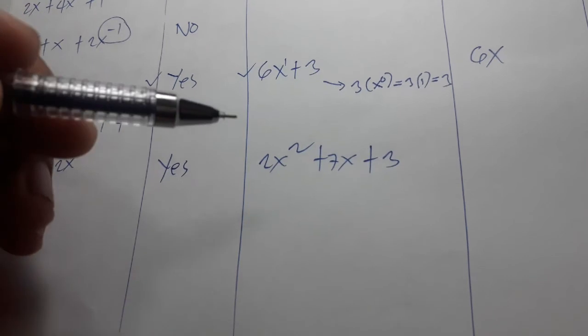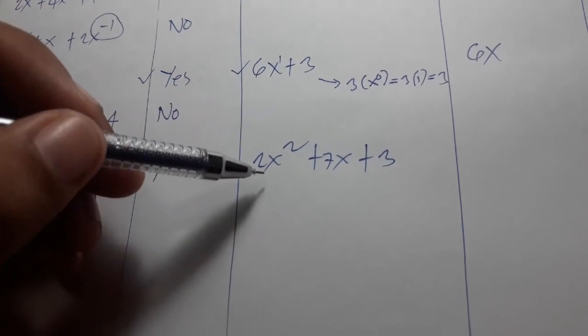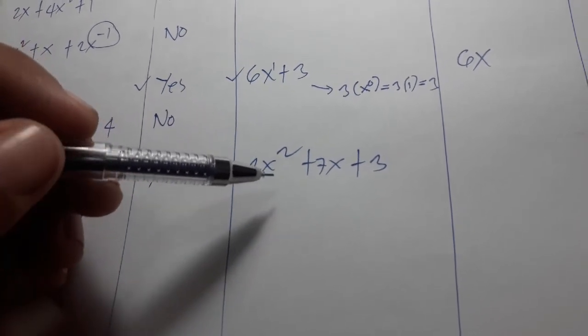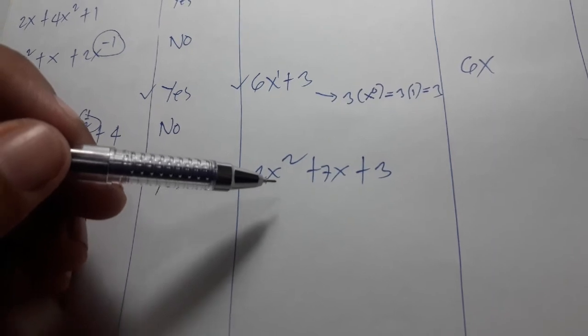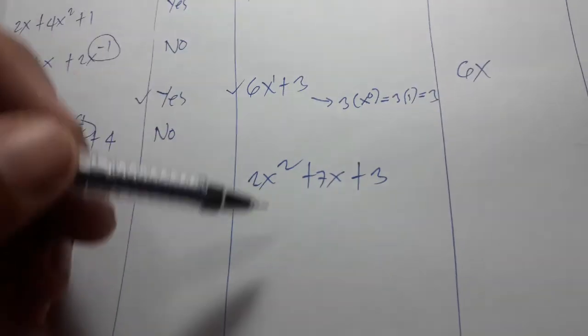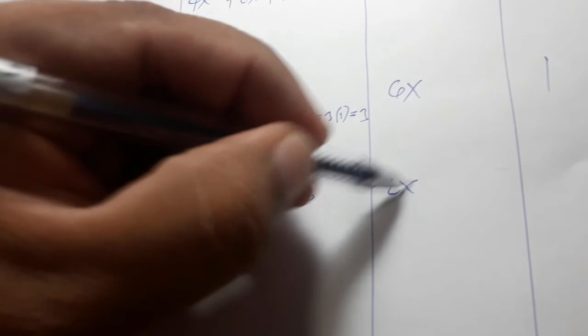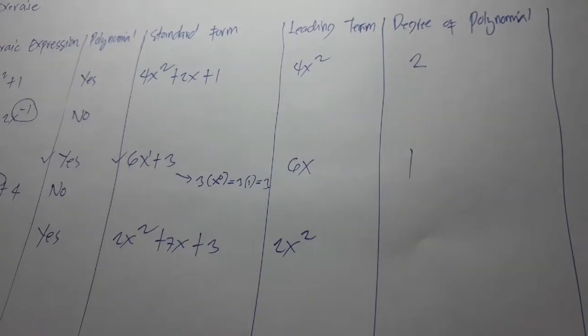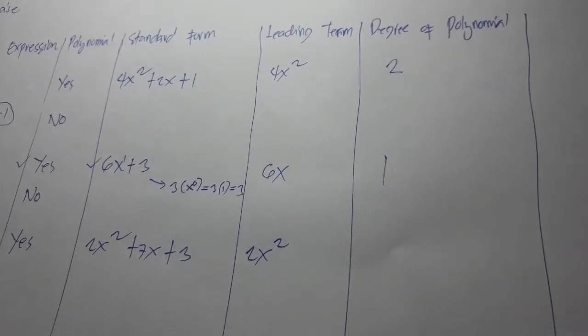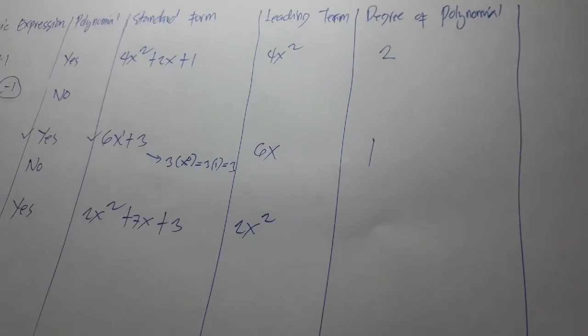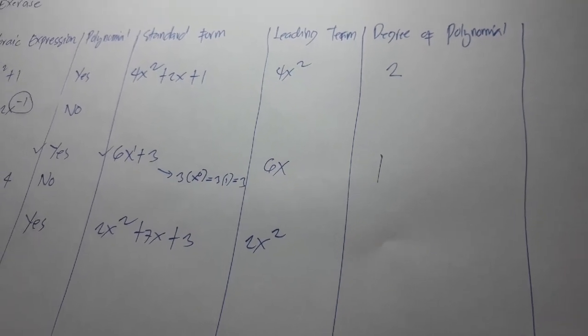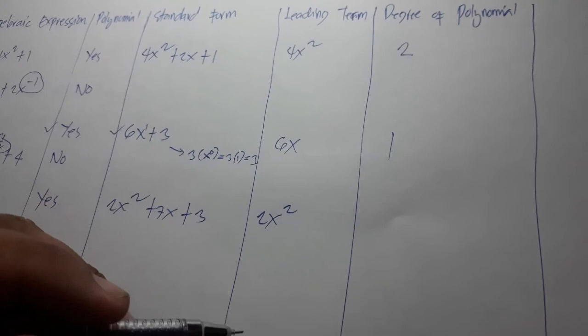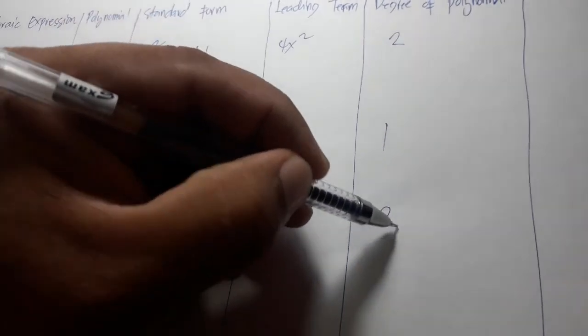The leading term is the term of the polynomial that has the highest power of x, or the exponent. So our leading term is clearly 2x squared. And of course, the corresponding degree of the polynomial is 2.